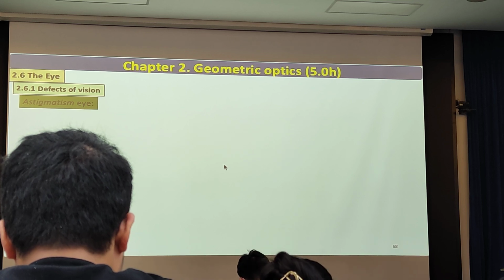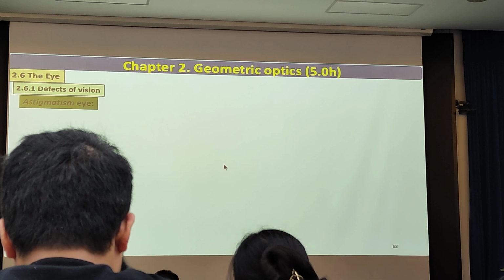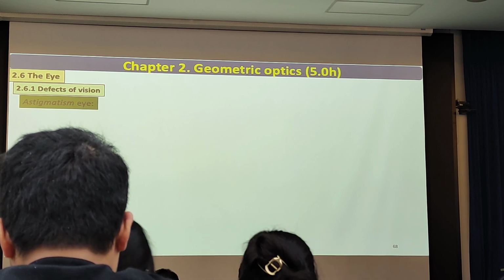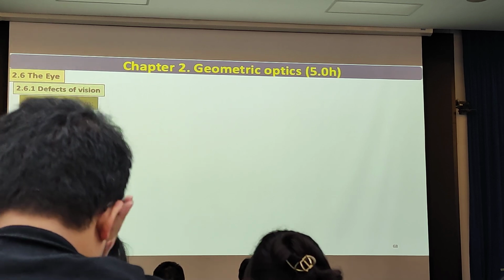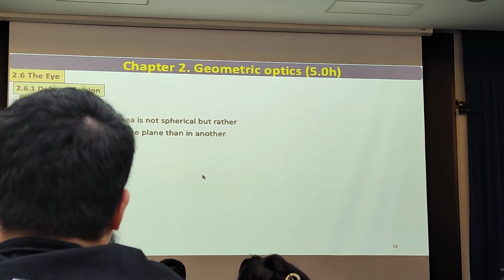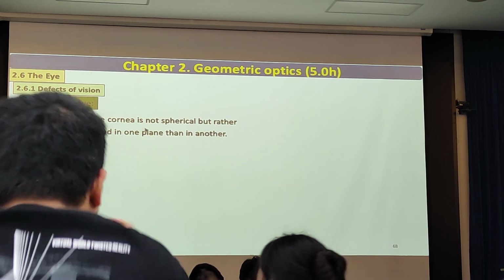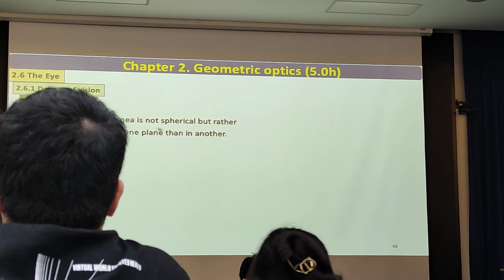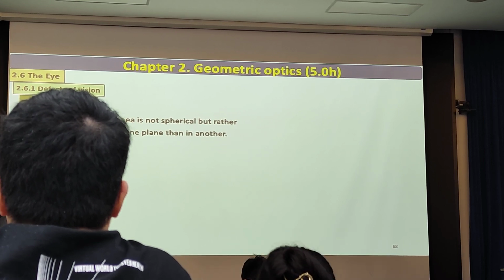And we have another case, astigmatism eyes, and I also have the effect of both myopic plus astigmatism eyes. So what happened for this kind of eyes? In fact, in this case, the surface of the cornea is not spherical, but it is more sharply curved in one plane than another.